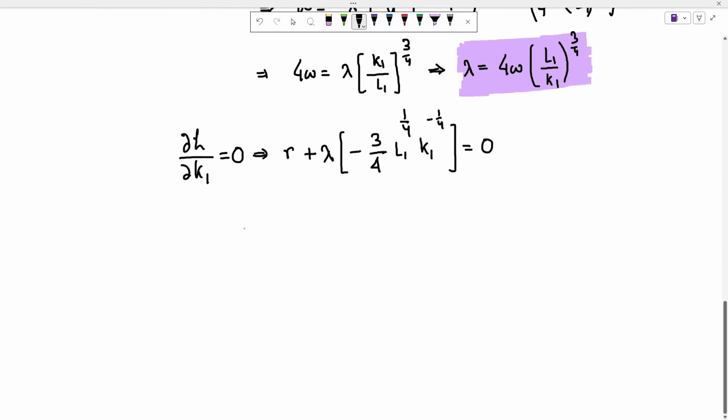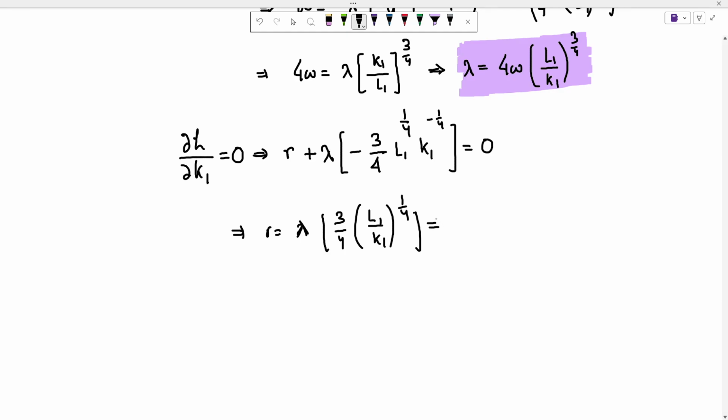Now we isolate lambda. So R is going to be lambda times 3/4 L1 by K1 whole to the power 1/4.